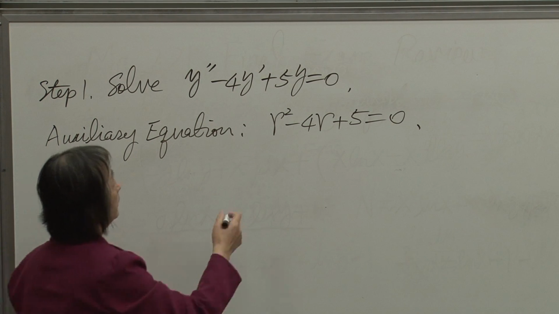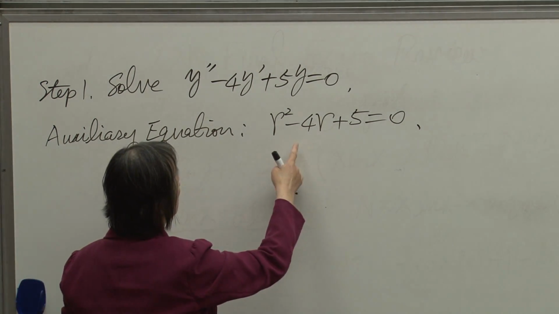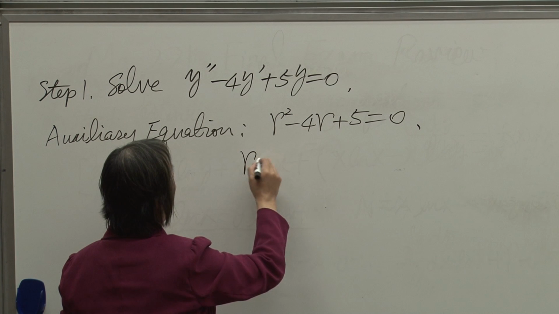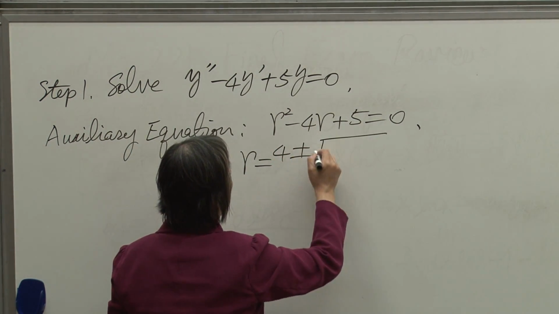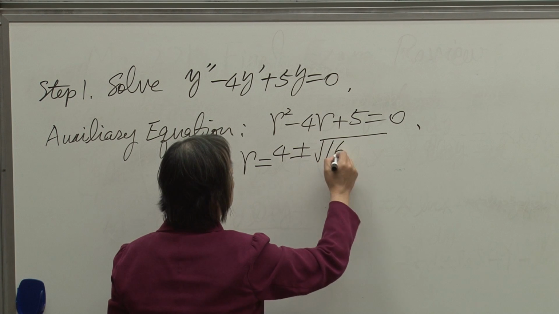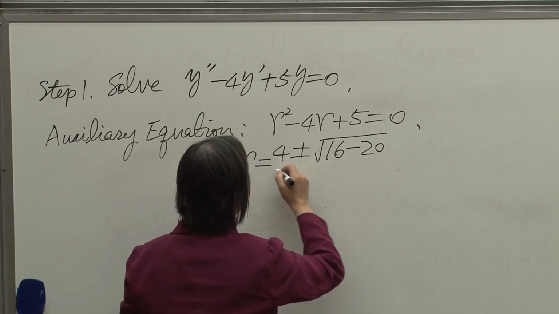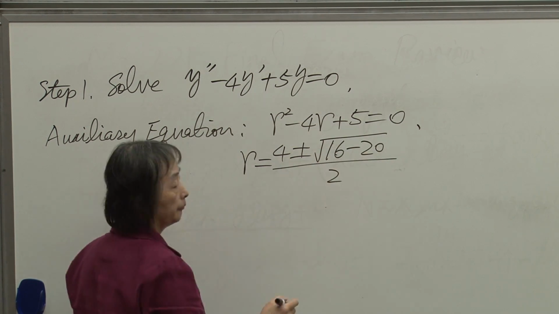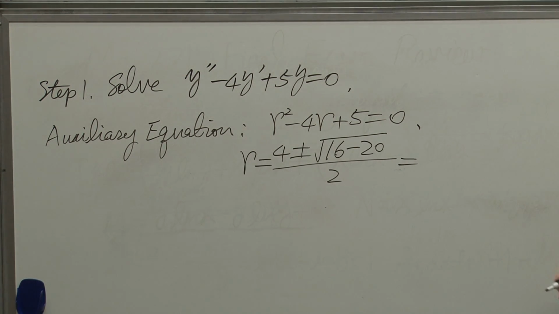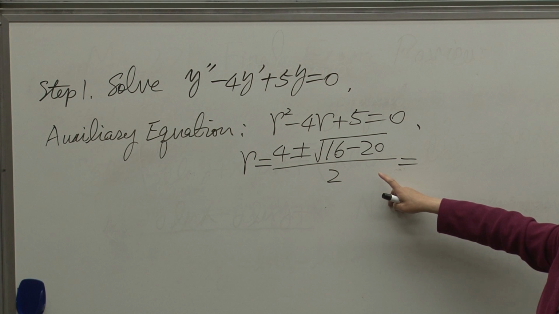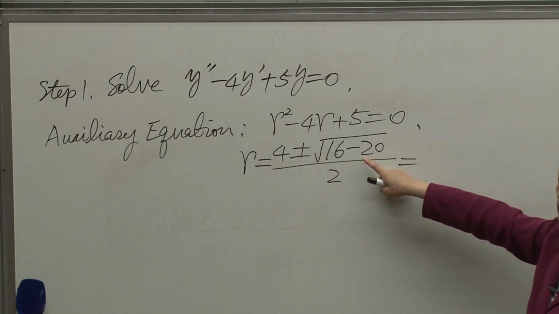Now, if we solve for r, we get r equal to 4 plus or minus the square root of 4 squared, or 16, minus 20, divided by 2. So under the square root, we get a negative value, negative 4.